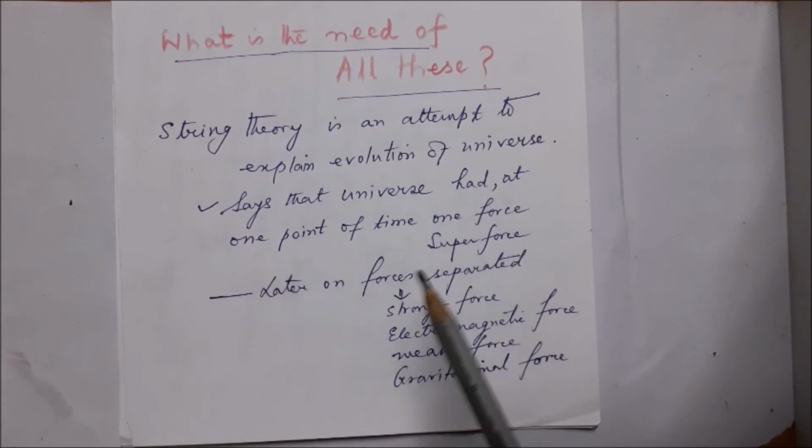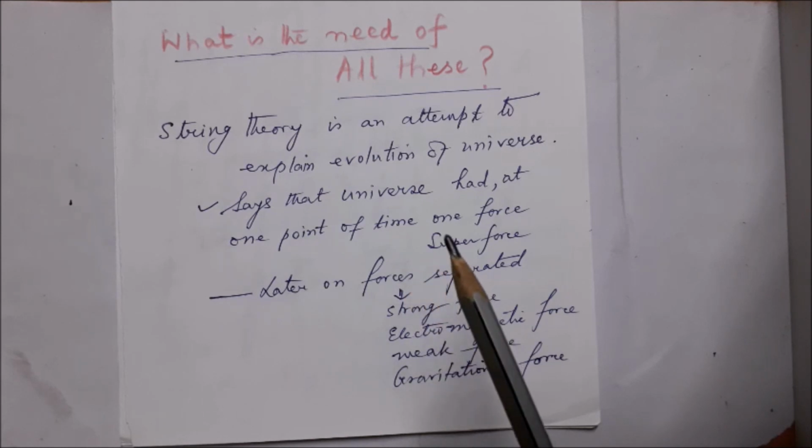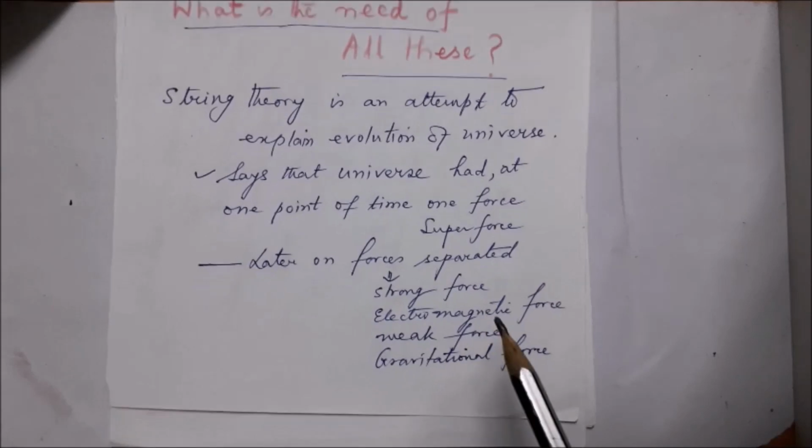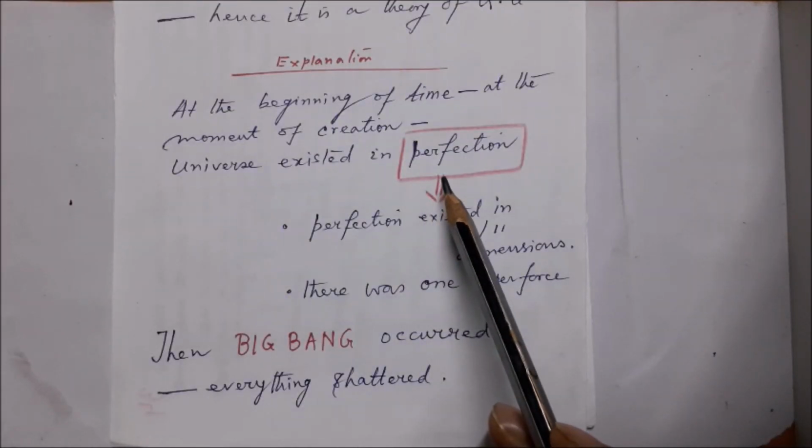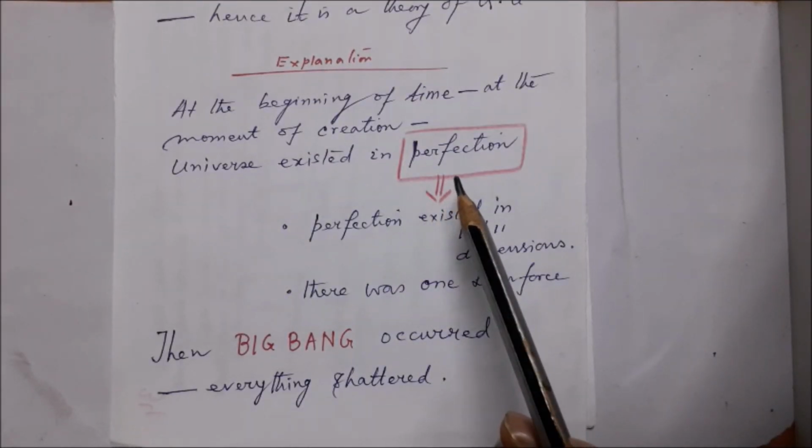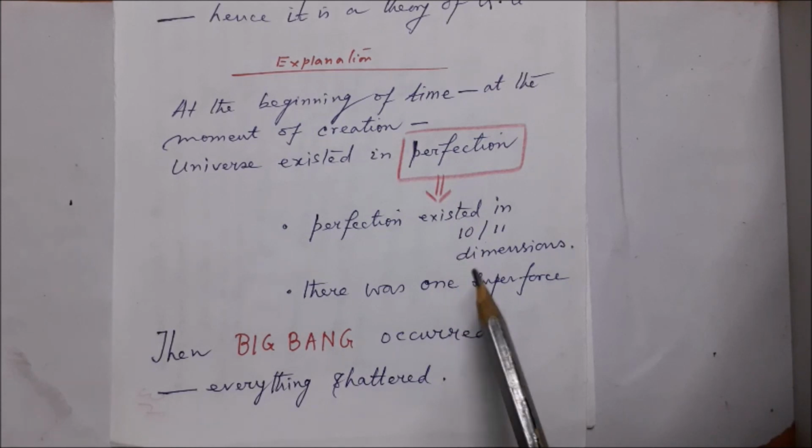According to the theory, the universe had at the earliest point of time one super force and existed in perfection due to amalgamation of 10 or 11 dimensions.